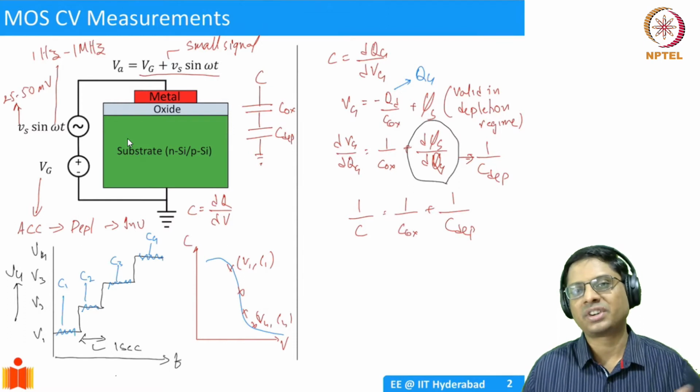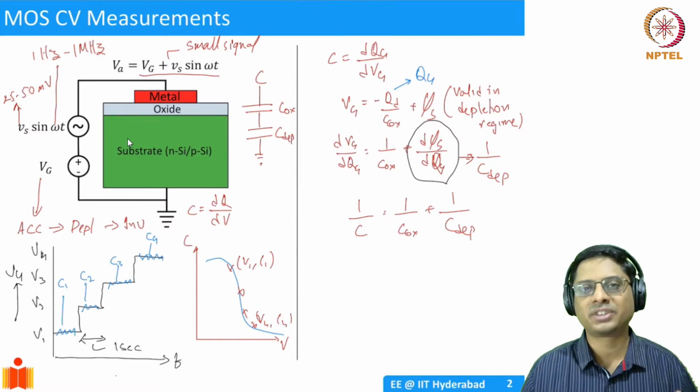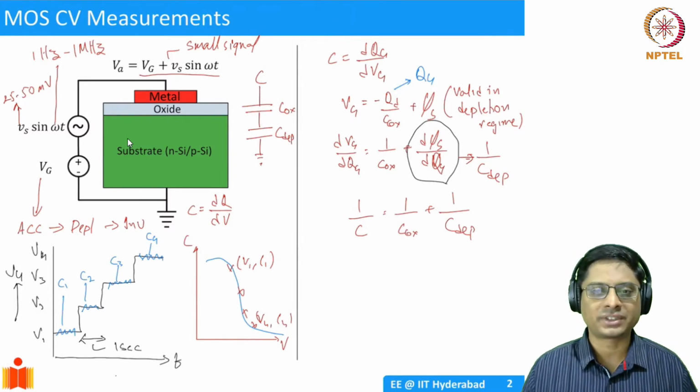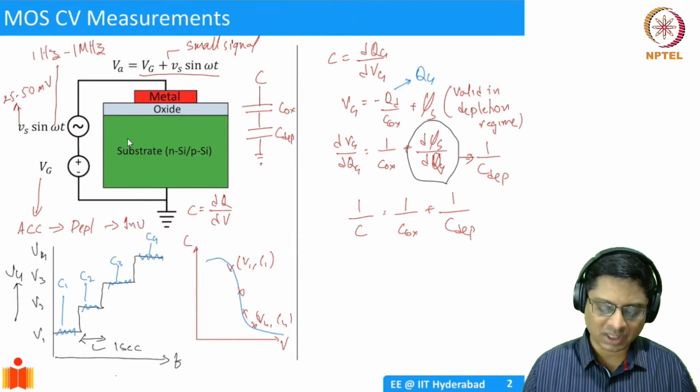We saw that a depletion region is created. Just under the oxide there's going to be a depletion capacitance, and then there is a series relation with the gate oxide capacitance. So you have these two capacitances.